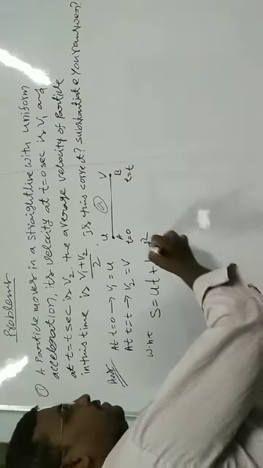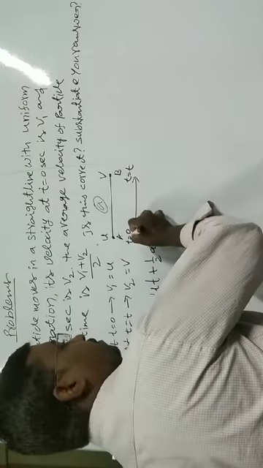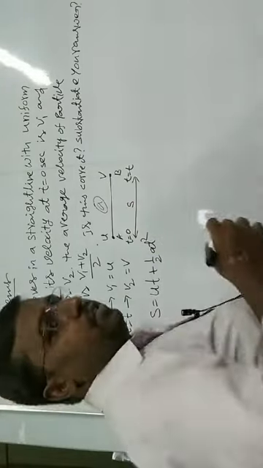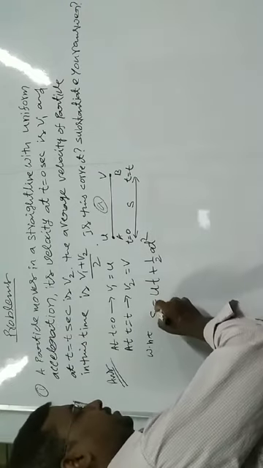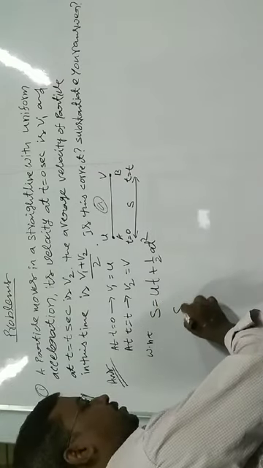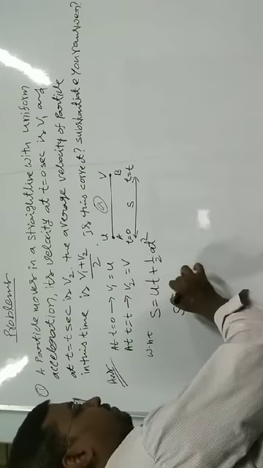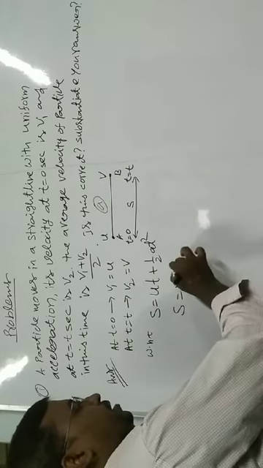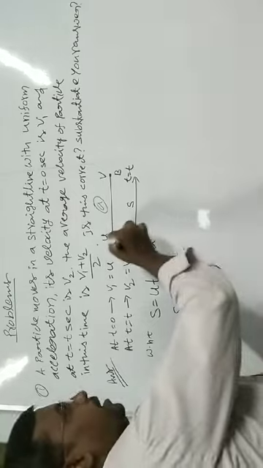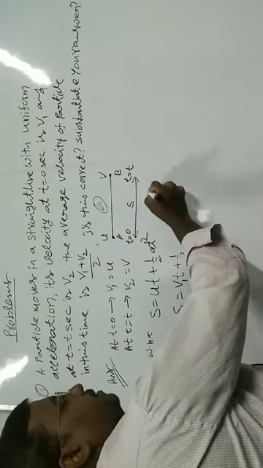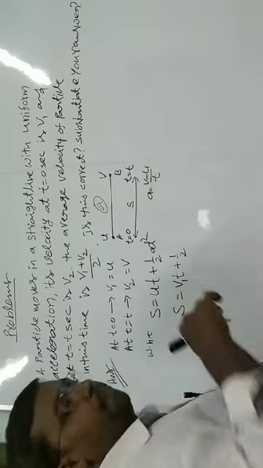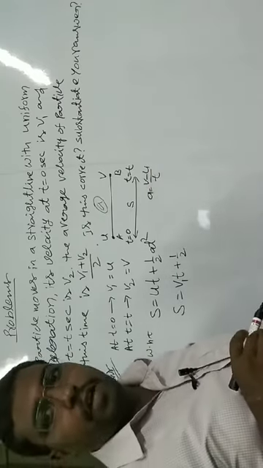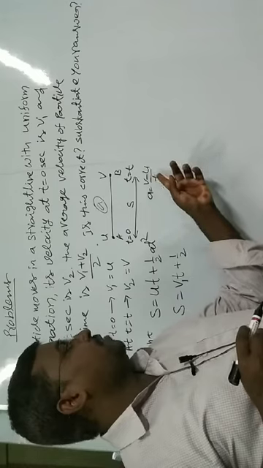What is s? s is the distance travelled by the object. So this distance s is equal to v1 into total time t plus half a, where a is the acceleration. Acceleration is equal to the change in velocity by time.